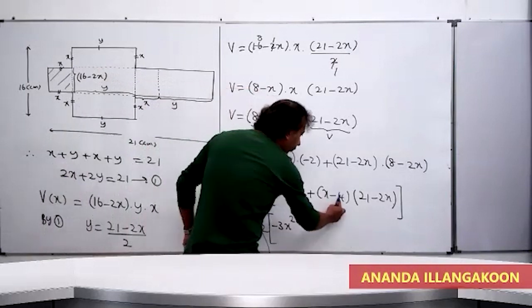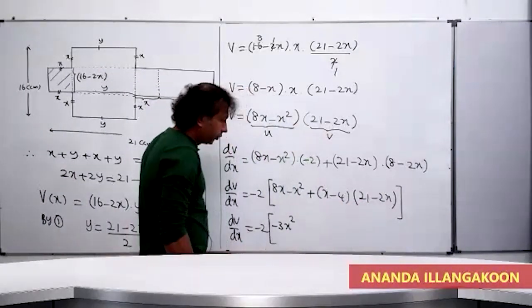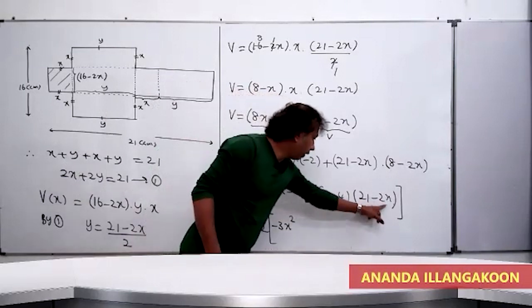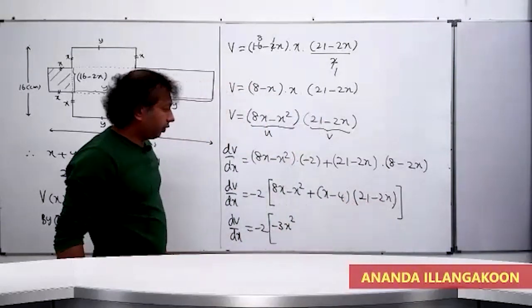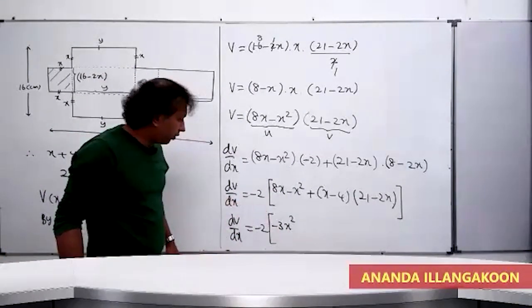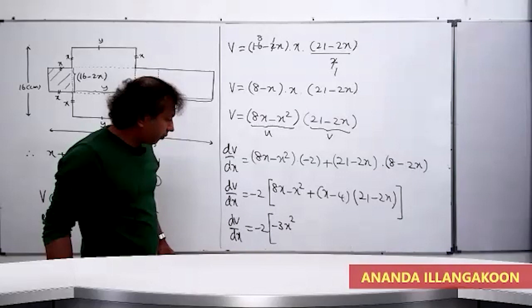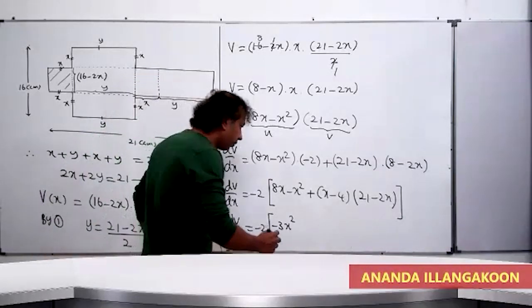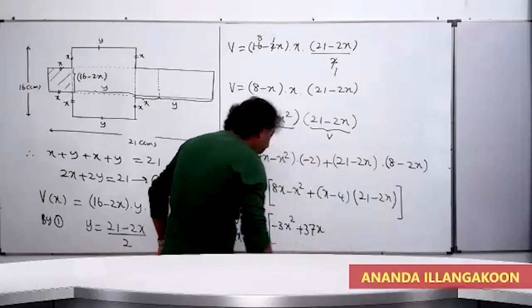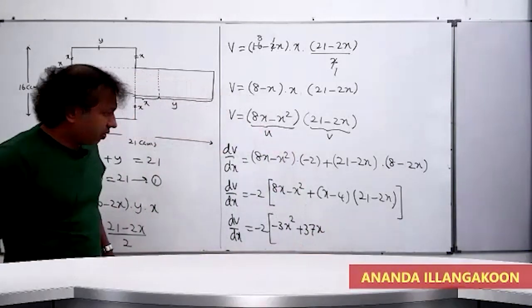And here we get 4 and this 2. 8x, right? Minus minus plus 8x and 21x, 29x. 29x plus this 8x, 37x, no? And what do we get next one?